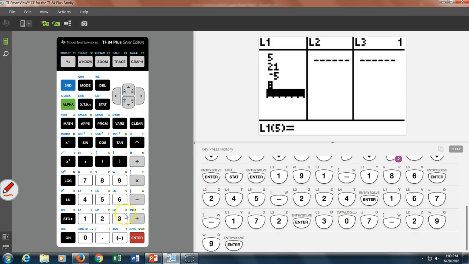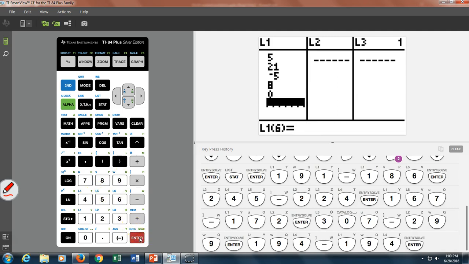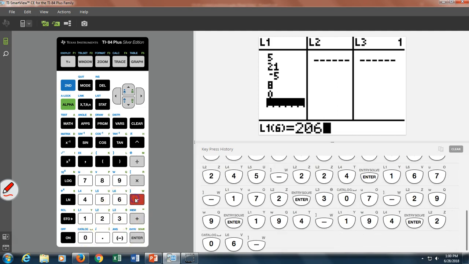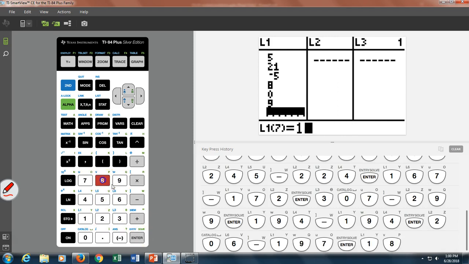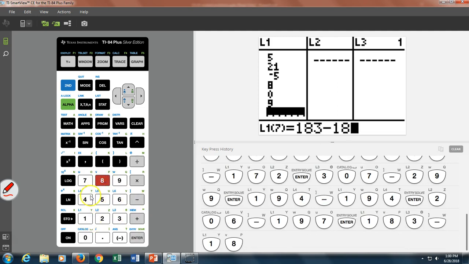And then 194 minus 194. Well, I knew what that one would be before I typed it in. 206 minus 197, and on my last one, 183 minus 184. Okay, so those were our 7 data points.